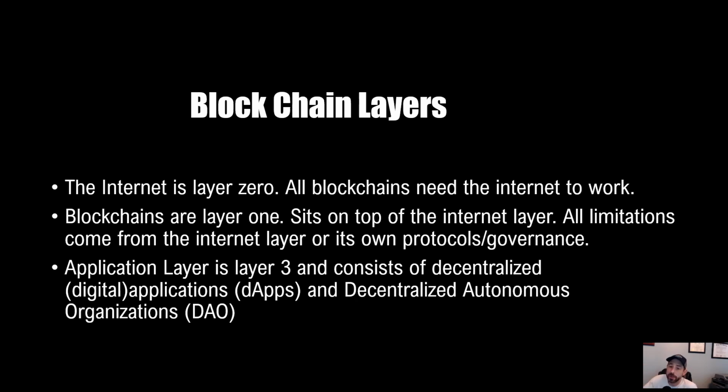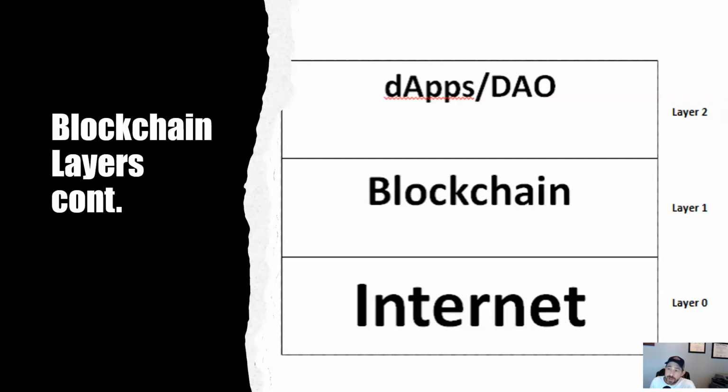Now, sitting on top of the blockchains is the application layer. That's layer 3. It consists of things like decentralized applications, or dApps, decentralized autonomous organizations, or DAOs, and probably more things to come. But that is layer 3 stuff. This is a visualization I made: you have the internet down here, your base layer, layer 0.